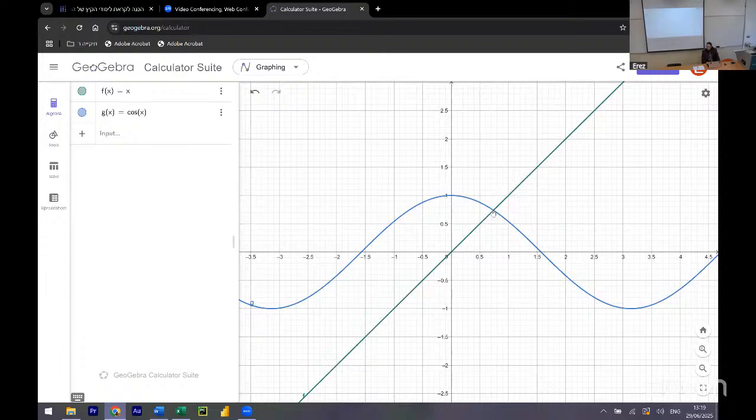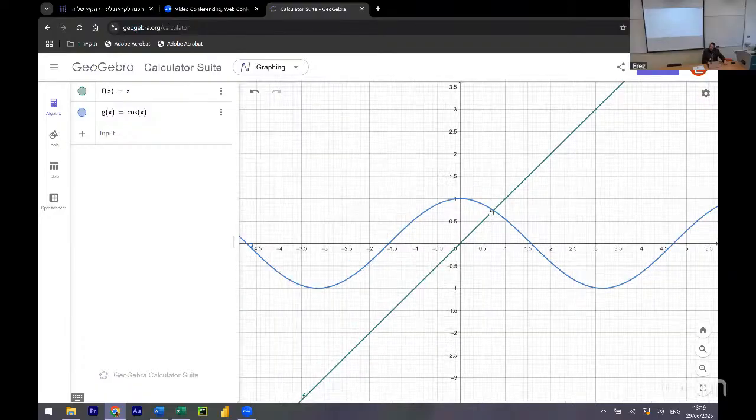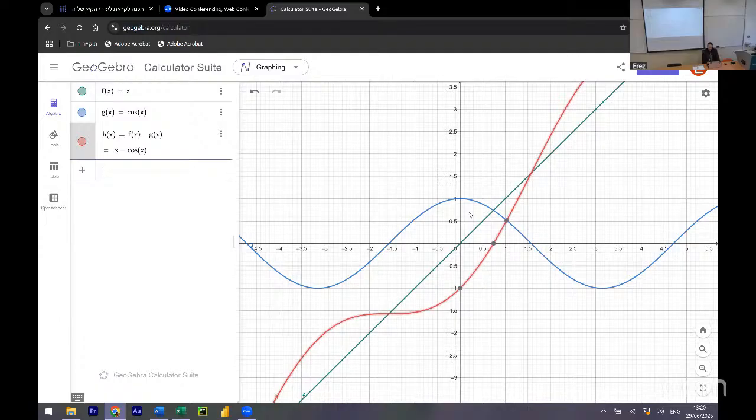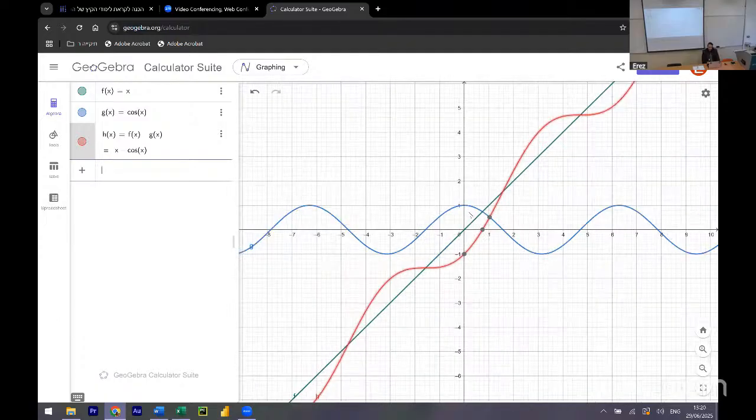We cannot find the exact solution, not within our tools anyway. I'm not sure if within mathematics there is a known way to do it. But we see here there is one point. The function we are actually analyzing is the difference f minus g. That's h, the red function.